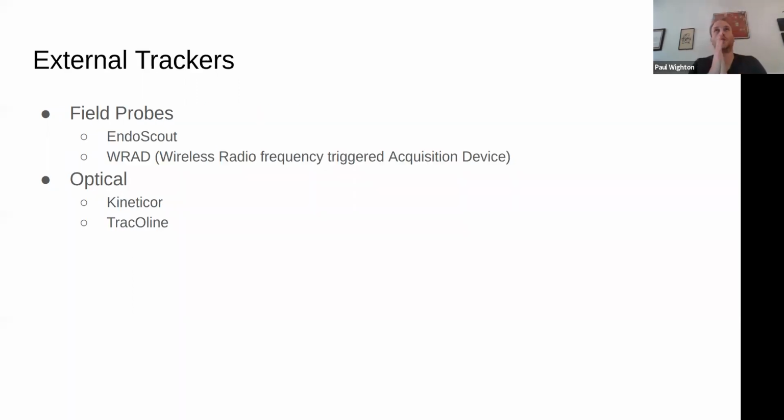Okay, so moving on from navigator-based methods to tracker-based methods. So now we're not going to use, well, we might use some properties of the MR system to track motion, but what we're doing here is we're throwing additional hardware at the problem to help us track. And these largely break into two categories.